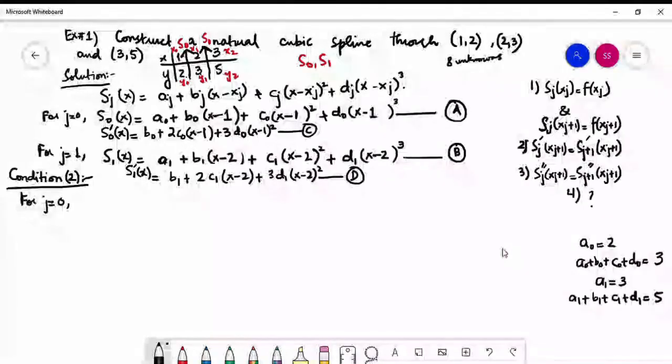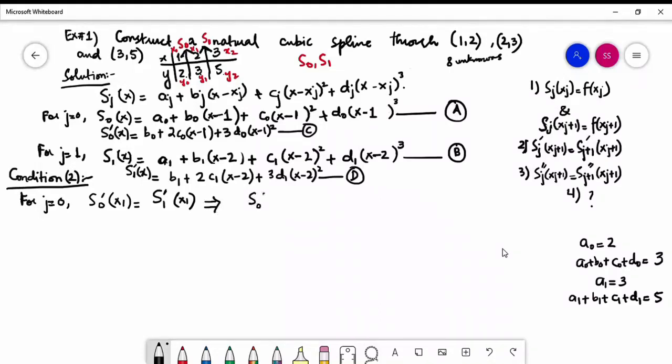For j equals 0, S naught dash at x1 is equal to S1 dash at x1. The point is the same, only the splines are changing, and we cannot use j equals 1 because S1 dash equals S2 dash, and we don't have any S2, so only for j equals 0 it is valid.